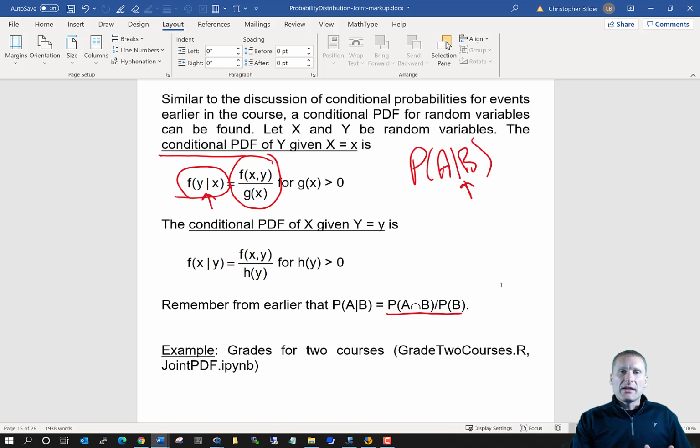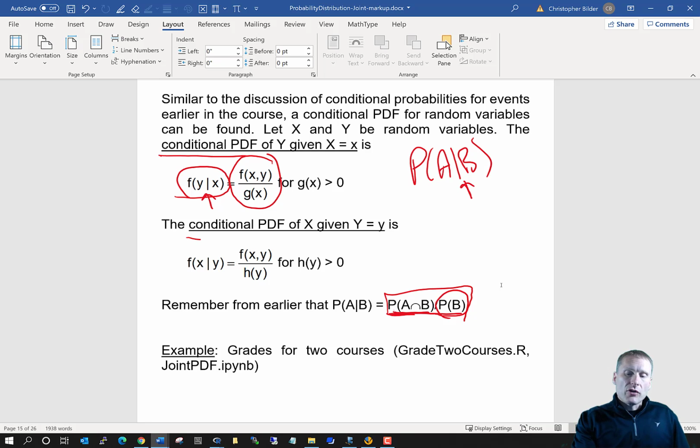You take the joint PDF, divide by then the marginal PDF for what you're conditioning on, that particular random variable, x. Notice how this is so similar to what we had before when we were talking about in our section just regular old probabilities. Probability of A intersect B was our joint probability. Probability of B was our marginal probability.